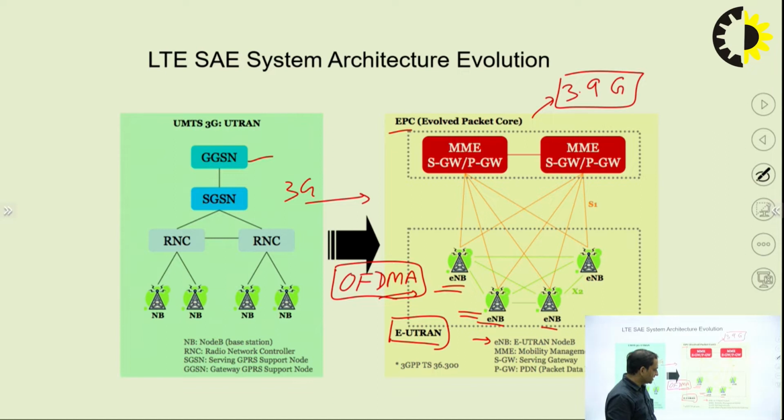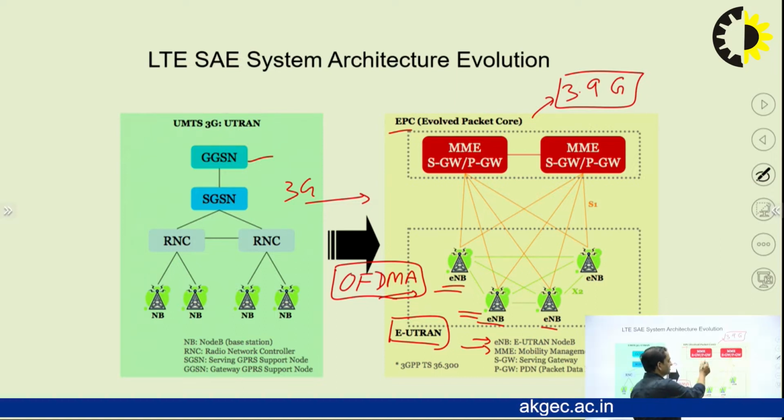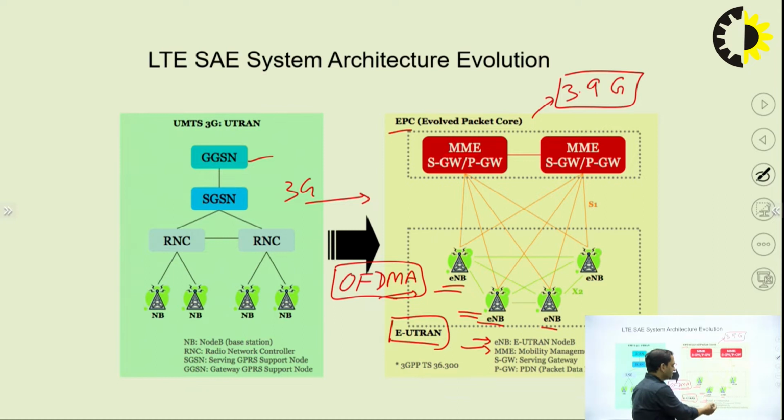Okay, in the second part we have the MME, the SGW and the PGW. MME is the mobility management entity, and along with it we have the serving gateway and the PDN, packet data network, gateway. Here in the lower part we have the interfaces, showing how the different E node Bs can be interfaced with each other.